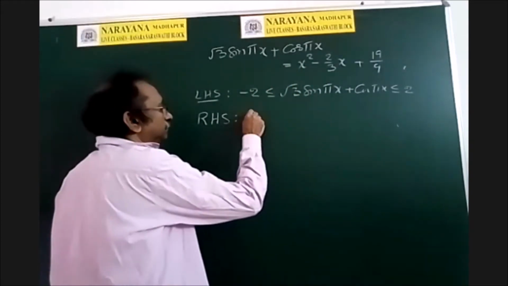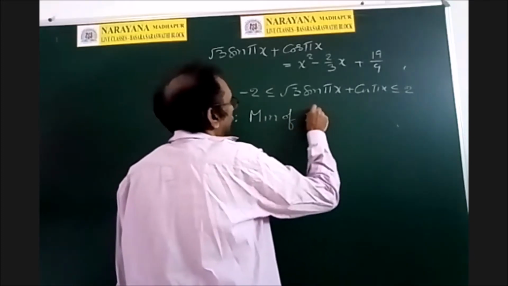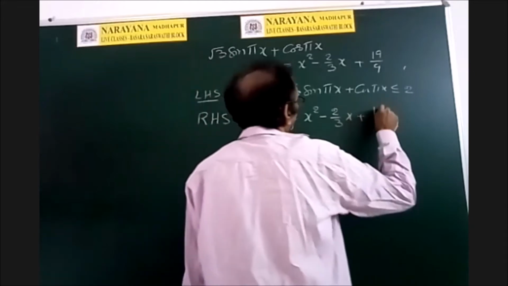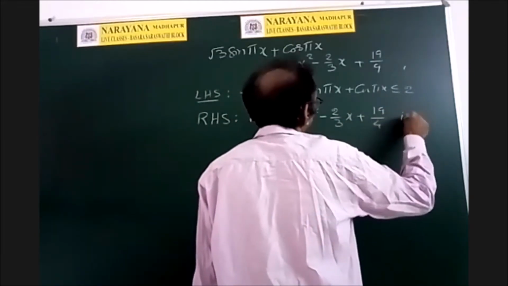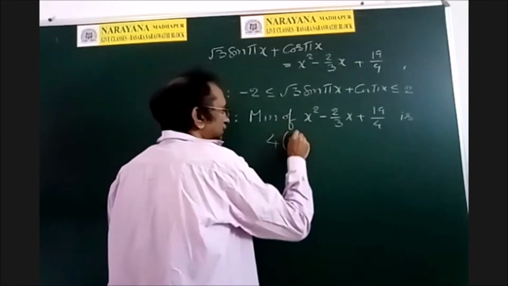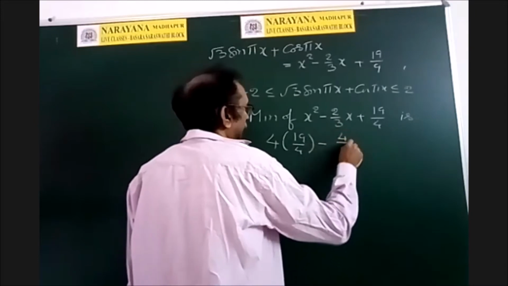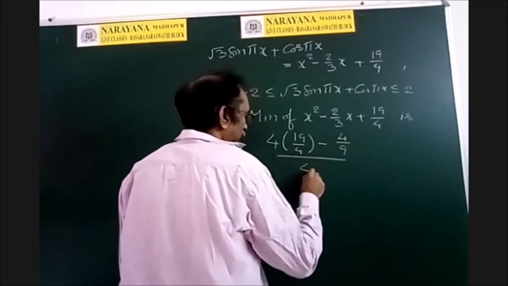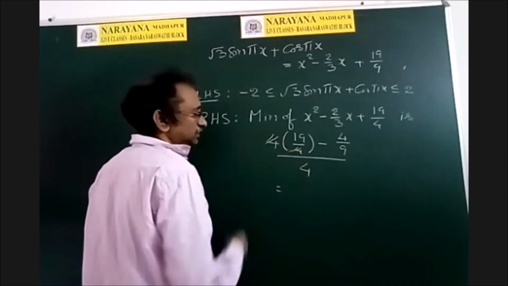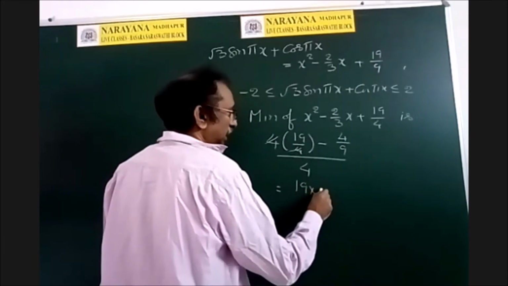So what is the minimum? The minimum of x square minus 2 by 3 x plus 19 by 9 is (4ac minus b square) by 4a. So 4 is cancelled and 19 into 9, isn't it?